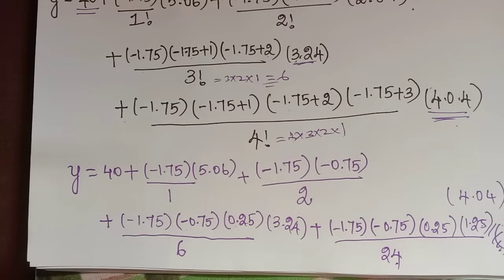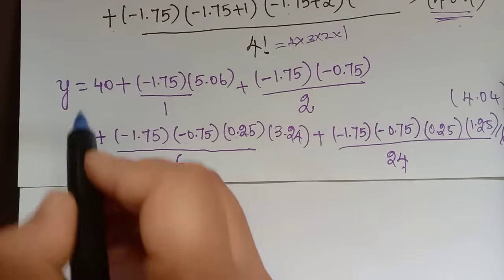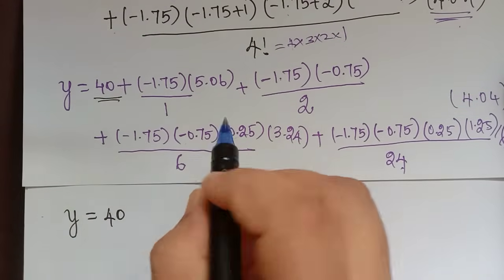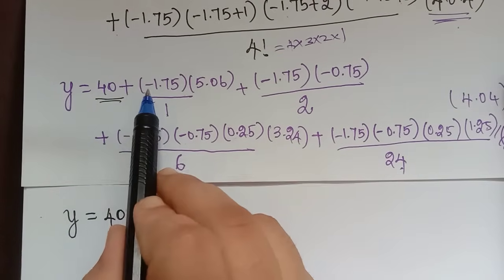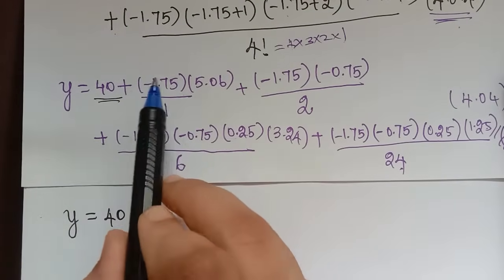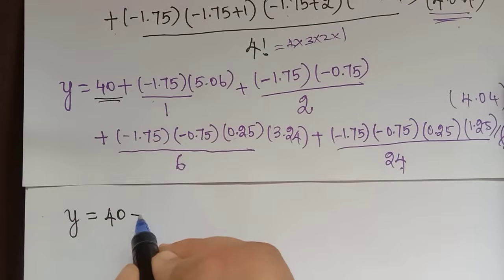After this I am writing it here. So next step will be, so y will be equal to, the first term is 40. So let us write it. First we will calculate the signs. So we have plus here, minus, and this is a positive term. So plus into minus will be minus. So this whole term will have the sign minus.